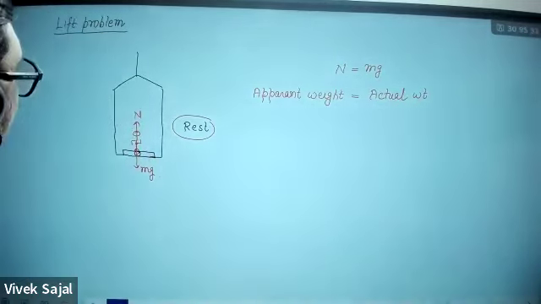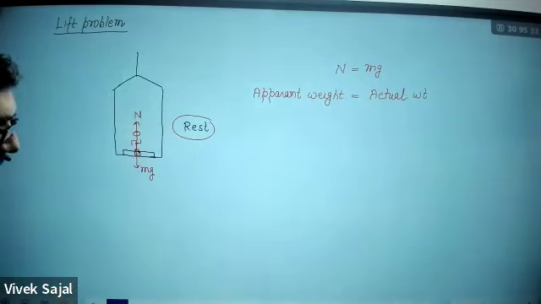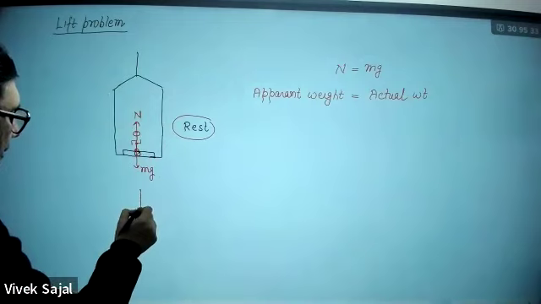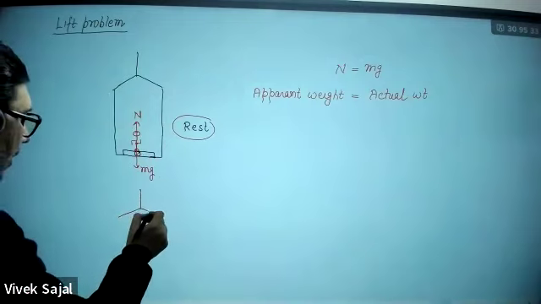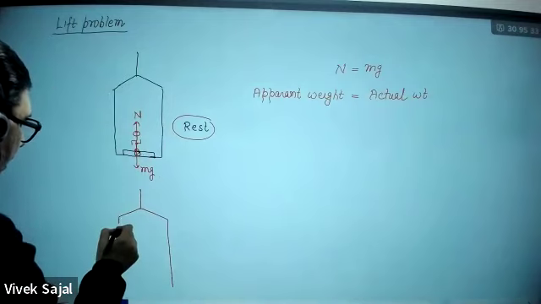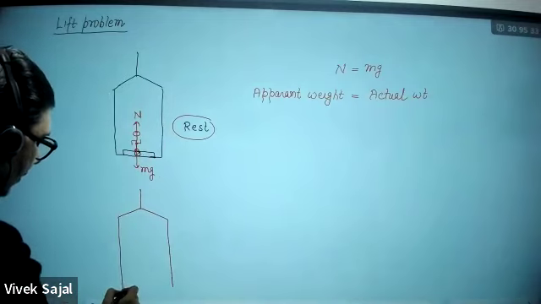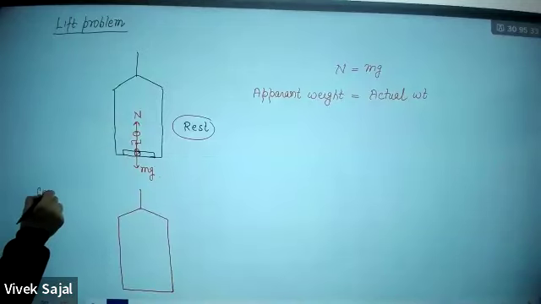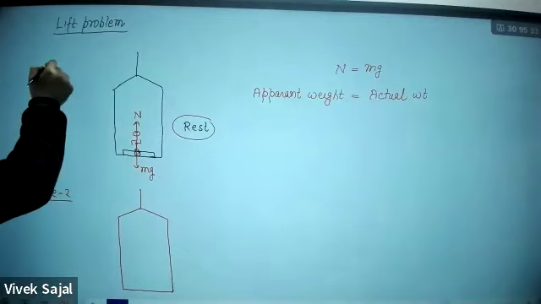Now, the second case. Suppose this lift is moving with a constant velocity in the downward or upward direction. This is case 2; this was case 1.